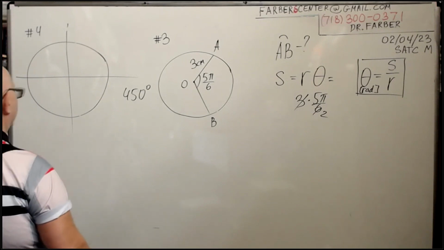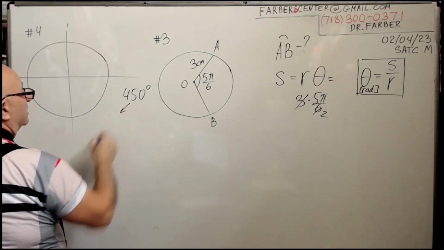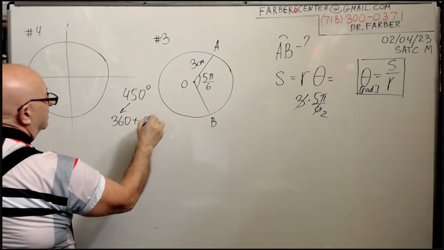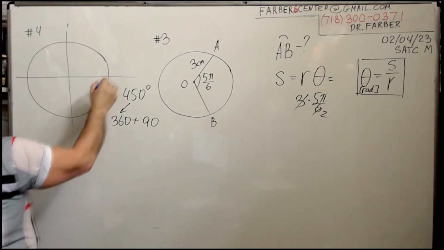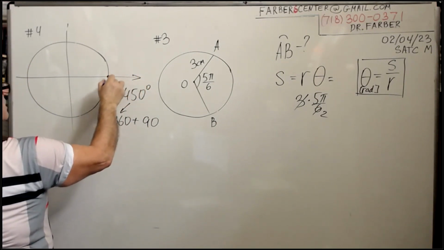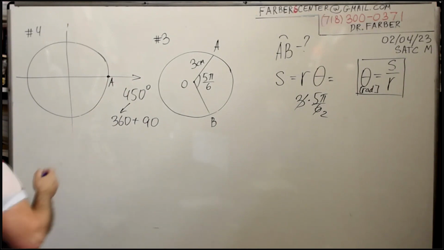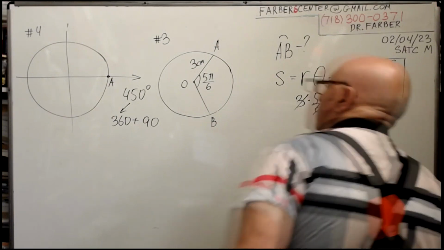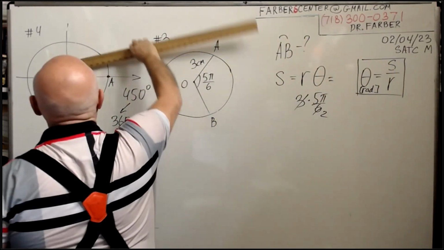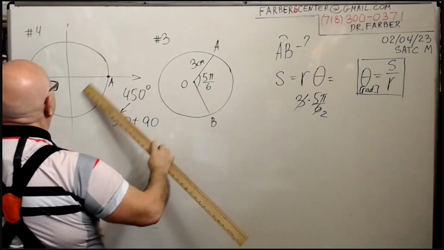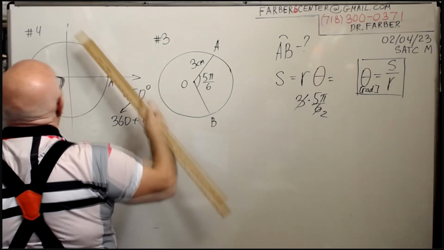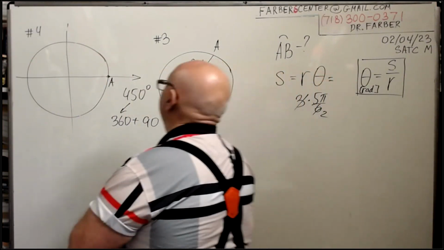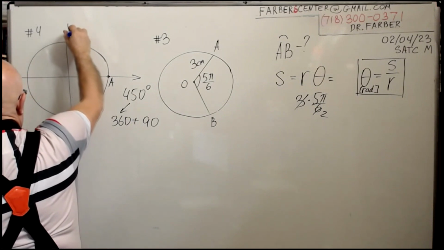What is 450? 450 degrees equals 360 plus 90 degrees. And since by definition we start from this point A, and our radius vector rotates this way, it goes around, turn around. This would be 360 degrees and plus 90, and the point would be here in B. Everyone understand?